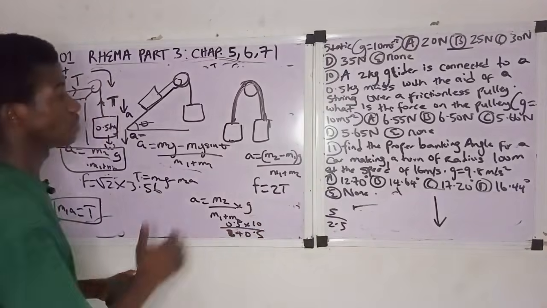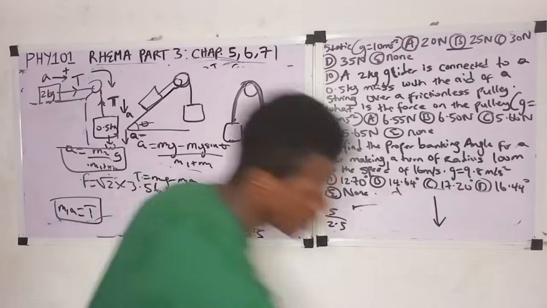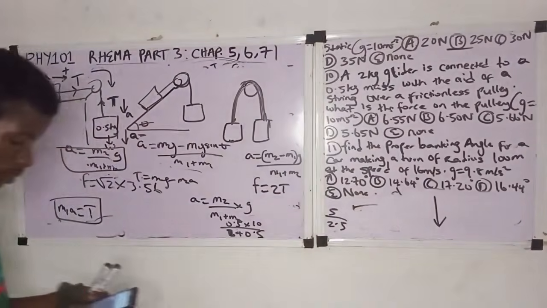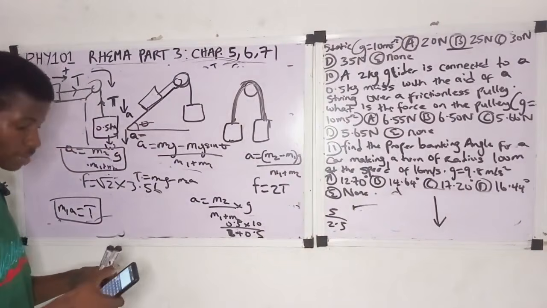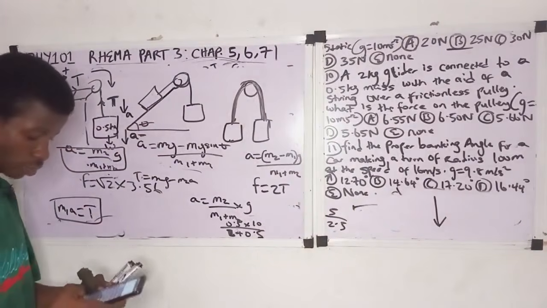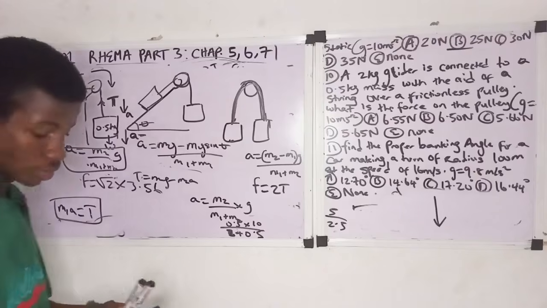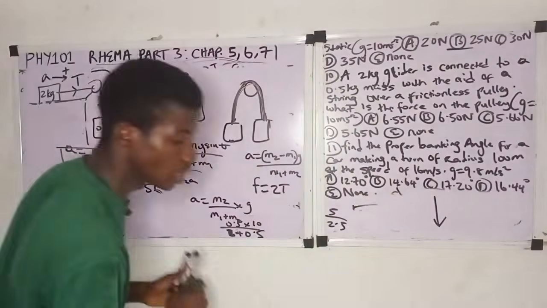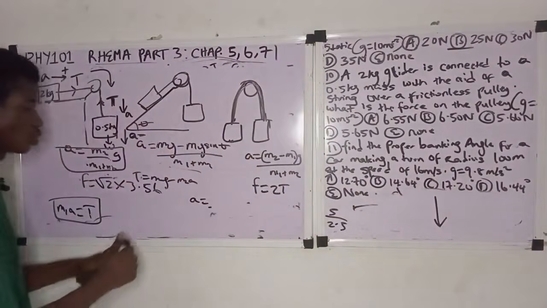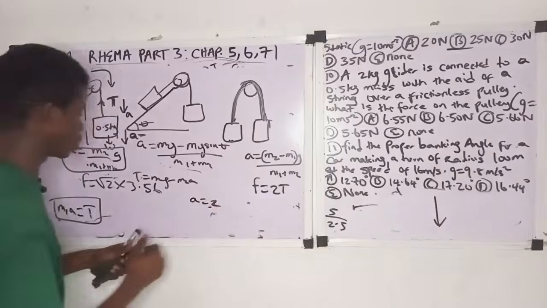So 0.5 times 10, divided by 2 plus 0.5, gives us 2. Our acceleration is 2. So A is 2.